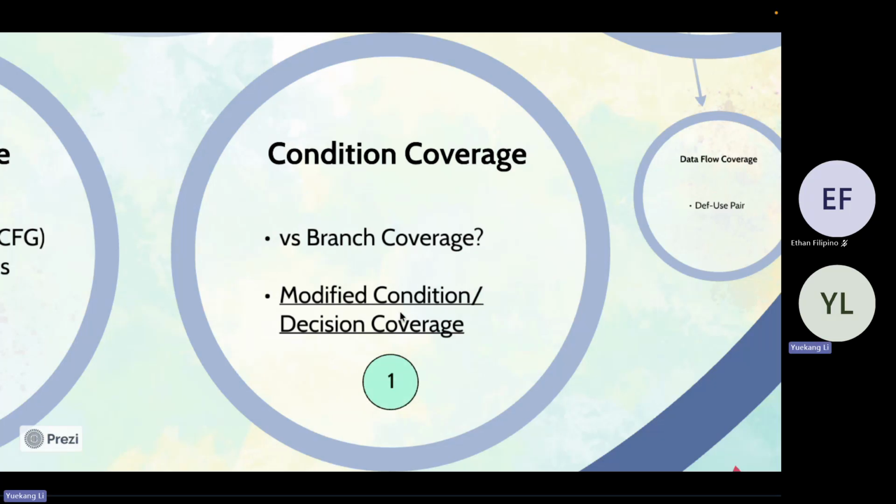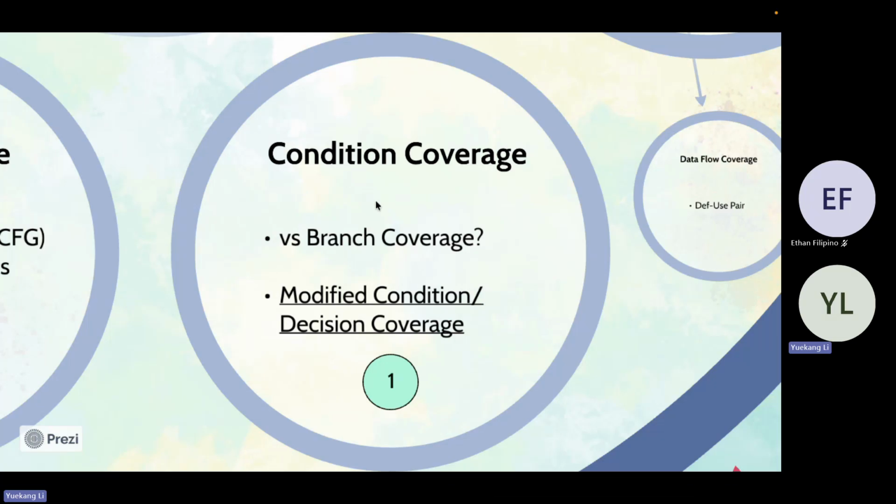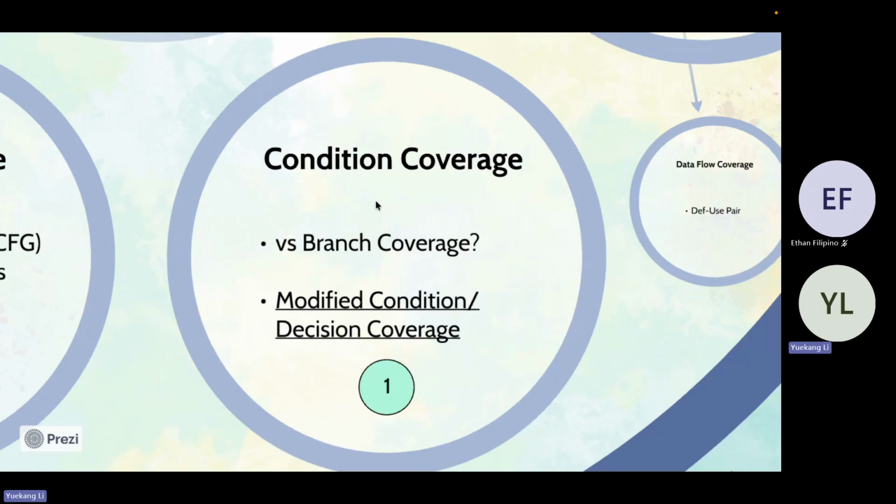For condition coverage, we don't require you to memorize all the different concepts here. You just need to know there is such a thing, so you don't need to get very deep into these concepts.